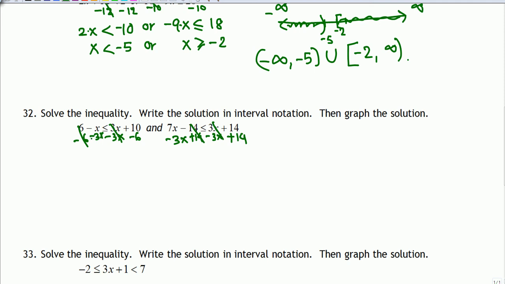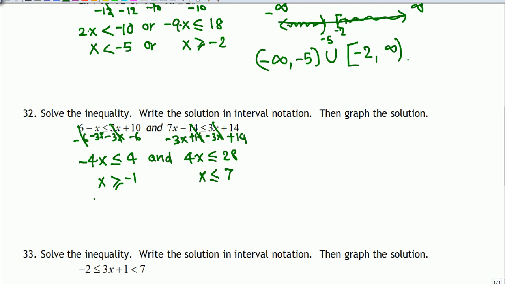So −x − 3x is −4x ≤ 10 − 6, 4, and 7x − 3x, 4x ≤ 14 + 14, 28. Now divide by −4 and divide by 4. In this case x ≤ 28/4, 7. In this case, dividing by −4, the inequality changes, so ≥ 4 over −4, so −1.